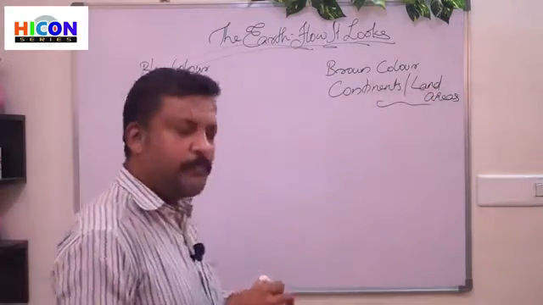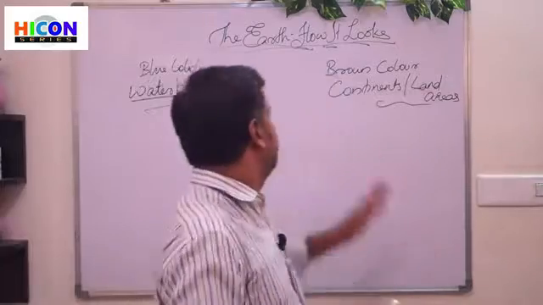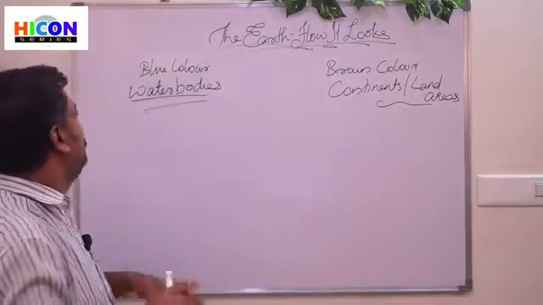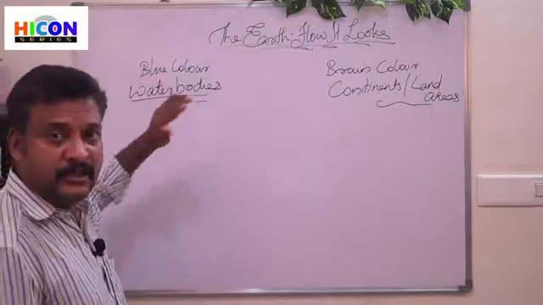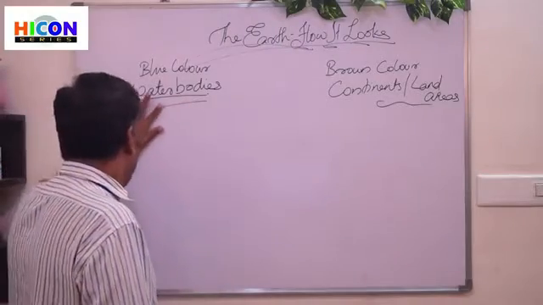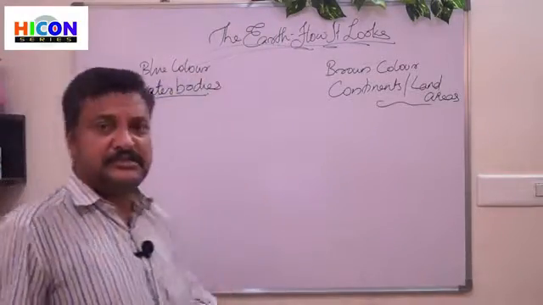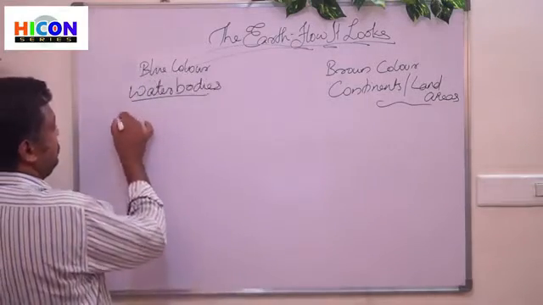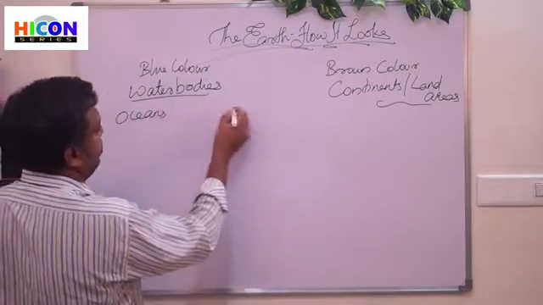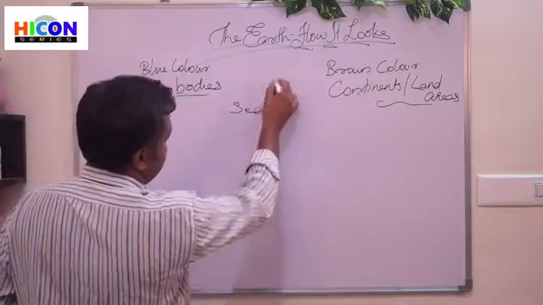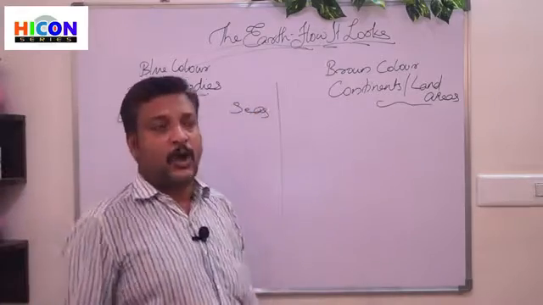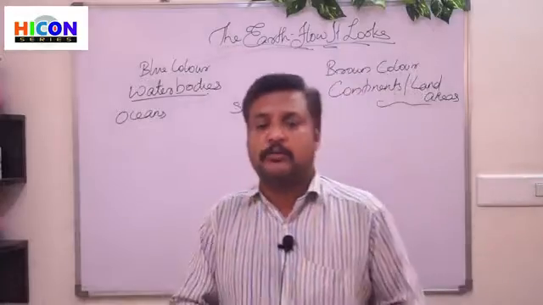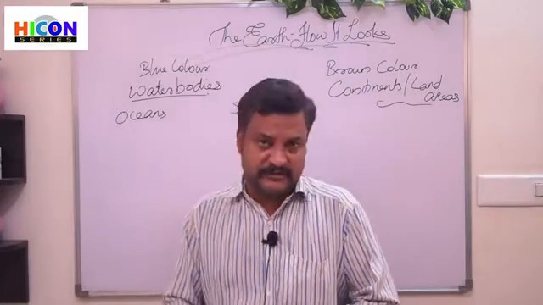Okay, so on the globe, what we have seen in the blue color actually are the water bodies. And what are the major water bodies that we have? Oceans and seas. Okay, so oceans and seas are the major water bodies that we have on this earth.